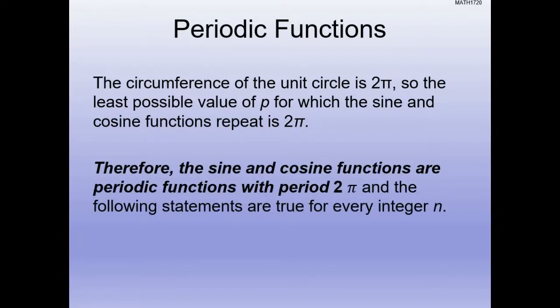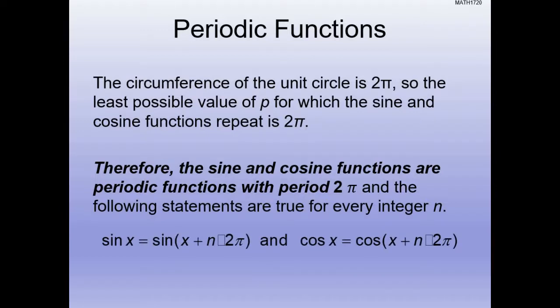In general, the parent functions for sine and cosine are periodic functions with a period of 2 pi, which means they repeat themselves every 2 pi. So 0, 2 pi, 4 pi, 6 pi, 8 pi, 10 pi, 12 pi, and so on. They go on forever.